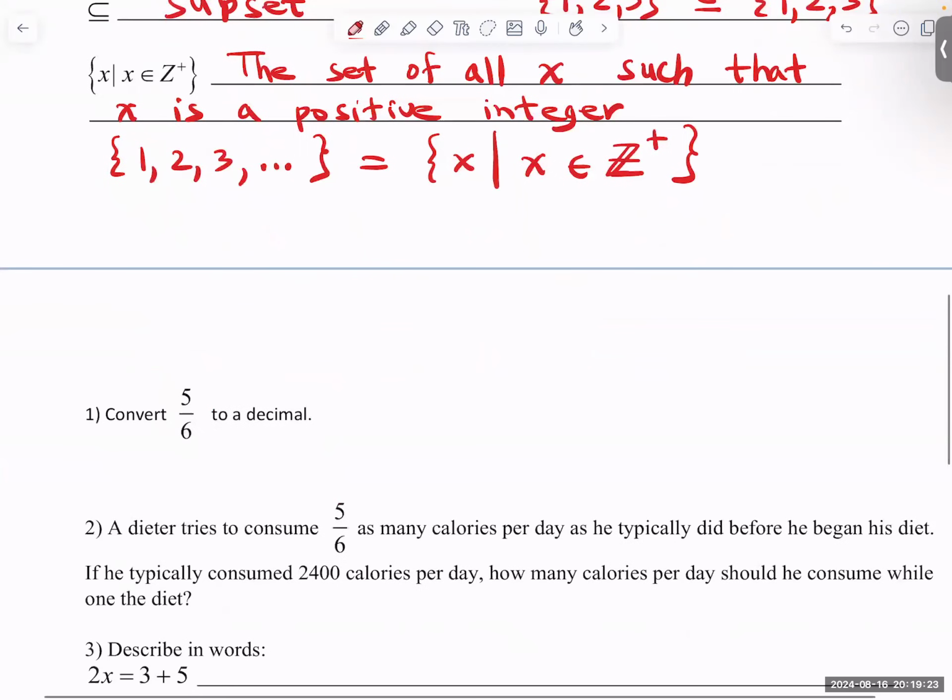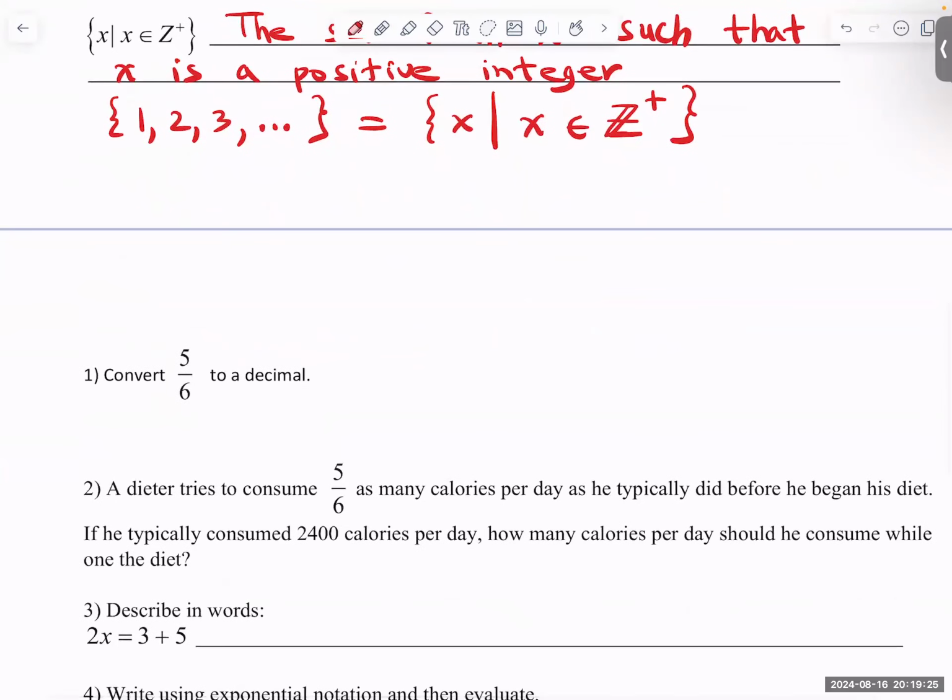Some exercises. Number 1, convert 5/6 to a decimal. So we have to use division, divide the numerator, or dividend, 5 by 6. The number on top goes inside the box, top in the box.